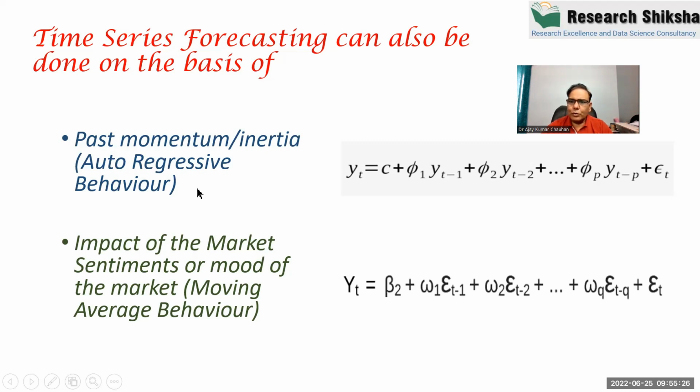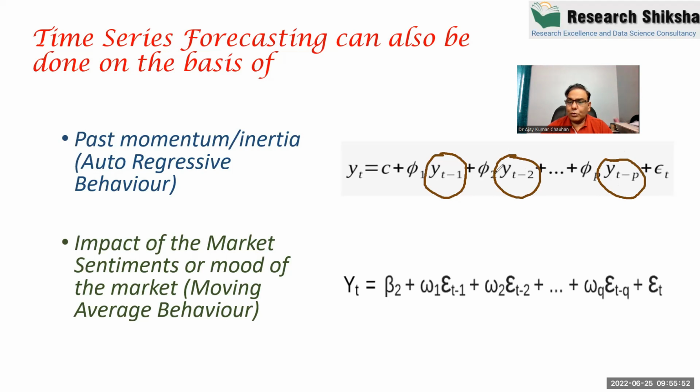On the basis of the momentum, we make this equation, that Yt can be forecasted on the basis of its previous values. Yt minus 1 is the lag 1 value of Y. Lag 1 means 1 day before or 1 month before. Yt minus 2 is 2 time periods before, up to p time periods before.